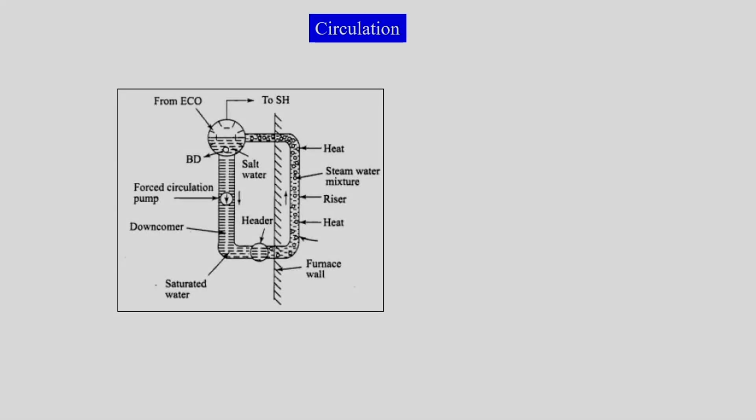So, this is an example of forced circulation, where we would not have sufficient density difference to assist the minimum required circulation. For that, we can employ a pump for circulation of water into the circuit.